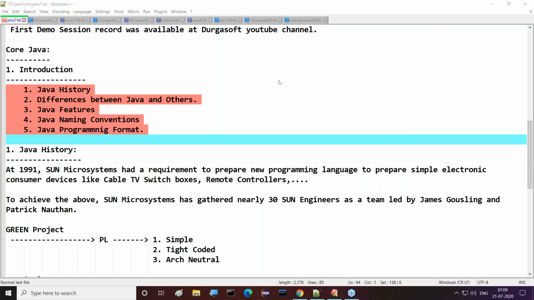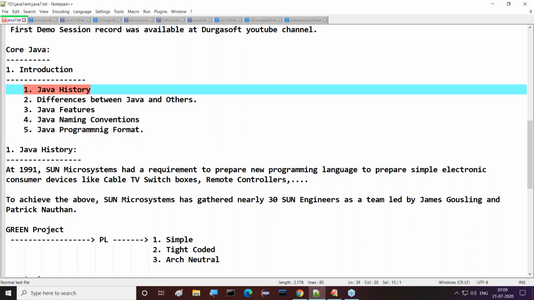If we observe this introduction part, I included five topics: Java history, differences between Java and others, Java features, Java naming conventions, and Java programming format. In the last class, yesterday, I already started Java history.